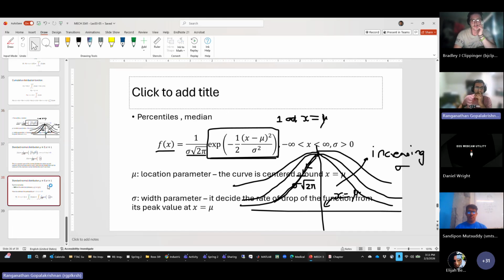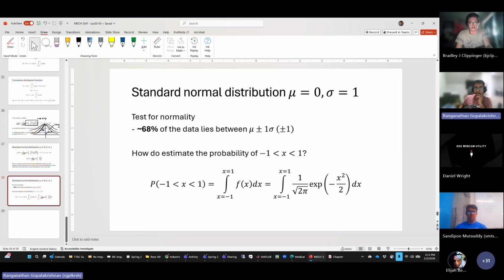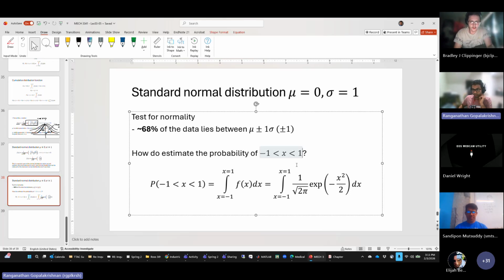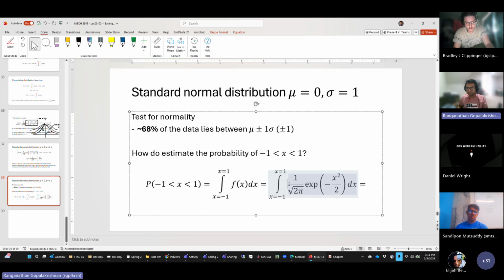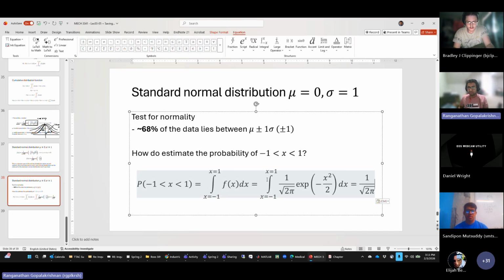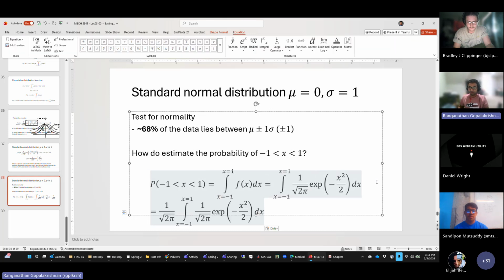Okay. All right. So we want to calculate the probability that x will take values between -1 and +1, and that is this integral, which if you do some very quick simplification, is like writing 1 over square root of 2 pi times this integral. You guys are getting ready for your prerequisites quiz.